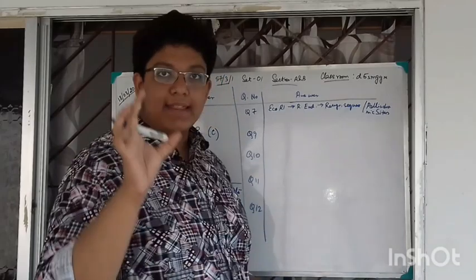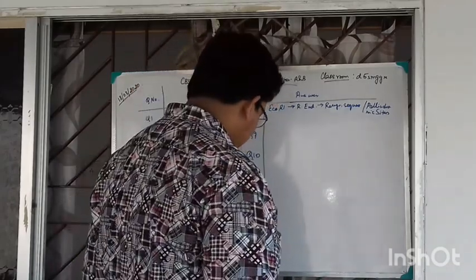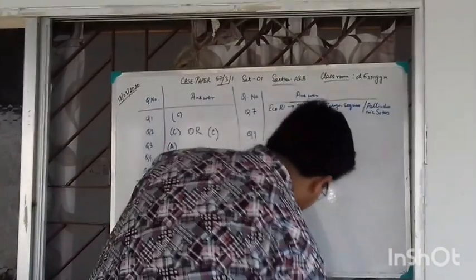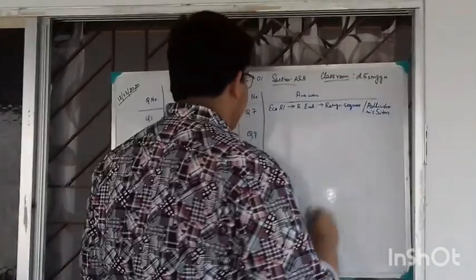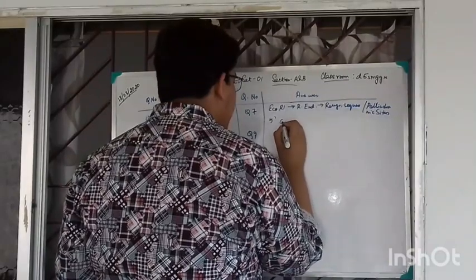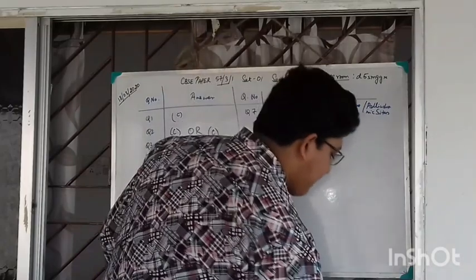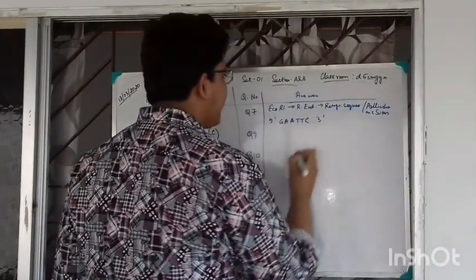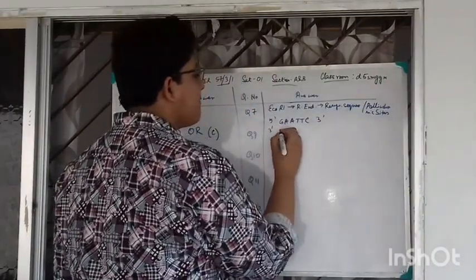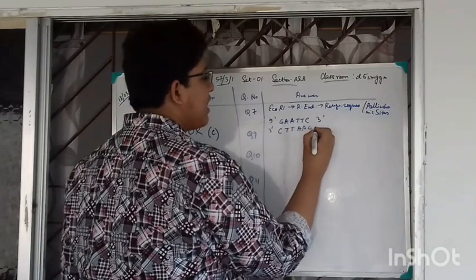And you have a part question. The exact palindromic site on which the molecule, the E. coli, acts is 5 prime GAATTC 3 prime, or it is 3 prime CTTAAG 5 prime.